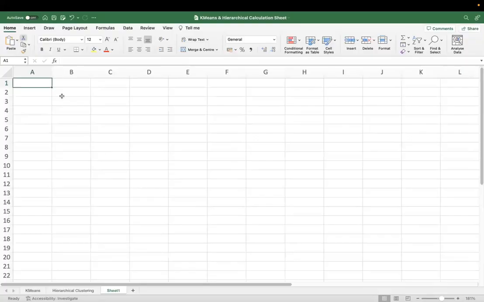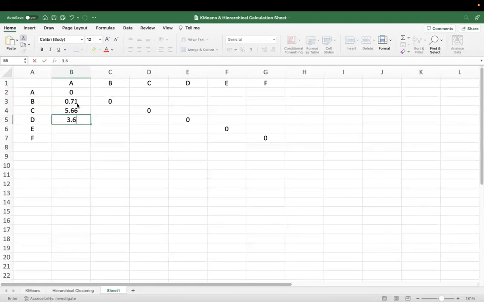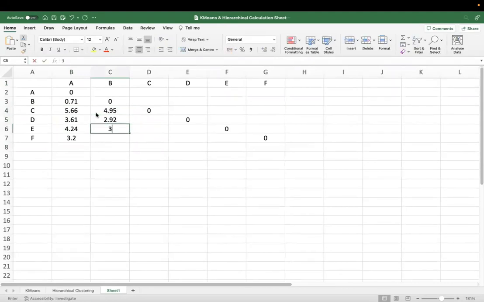Let's say I have a distance matrix between these points A to F. This is a Euclidean distance matrix, and we have already calculated the distances: 0.71, 5.66, 3.61, 4.24, 3.20, 4.95, 2.92, 3.54, 2.50, 2.24, 1.41, 2.50, 0.50, 1.12.